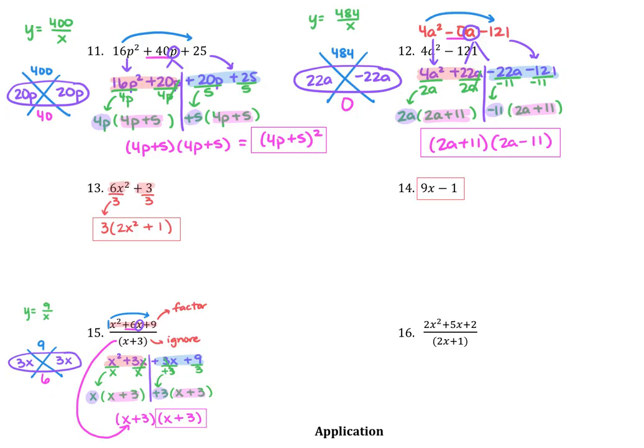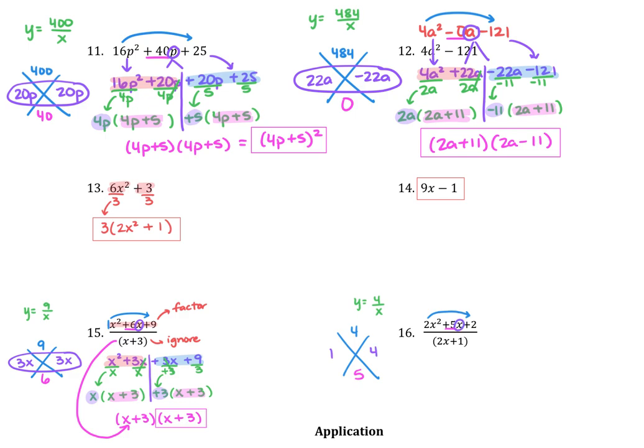Looking at the numerator, this term and this term have a 2 in common, but a 2 will not go into that b term, so there is no GCF. I'm ready to go ahead and do my a times c. 2 times 2 gives me 4, and we want it to add to give me 5. Type in y equals 4 divided by x to find my two factors as 1 and 4.